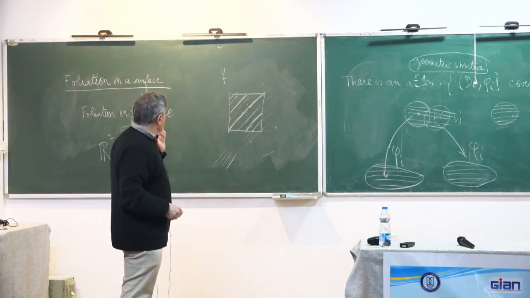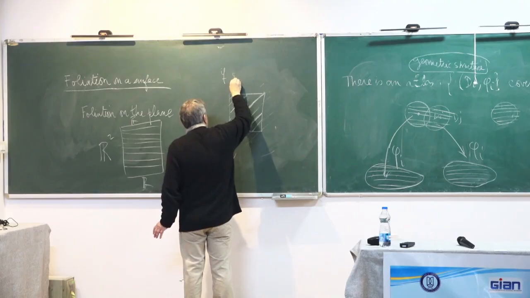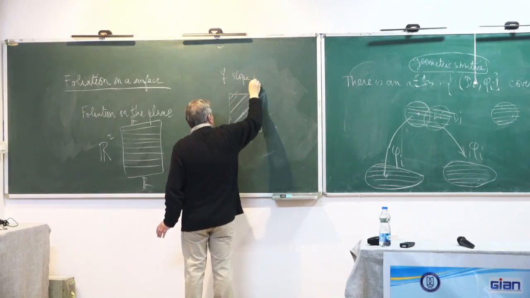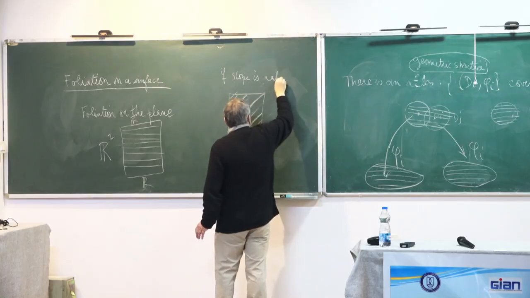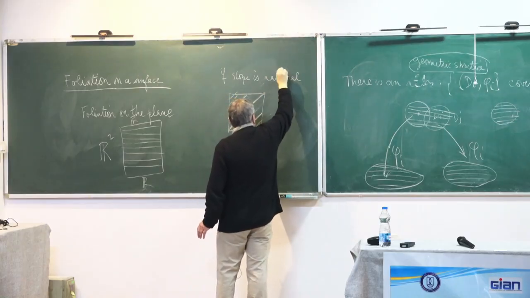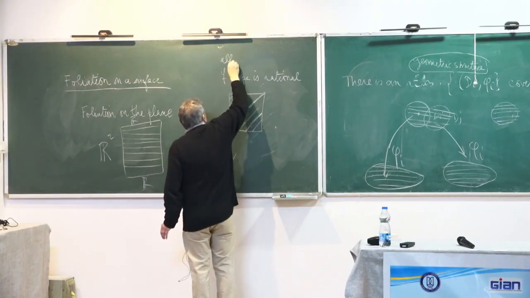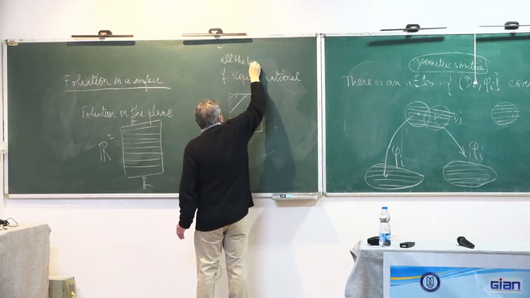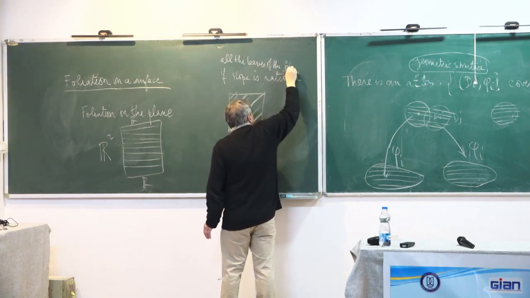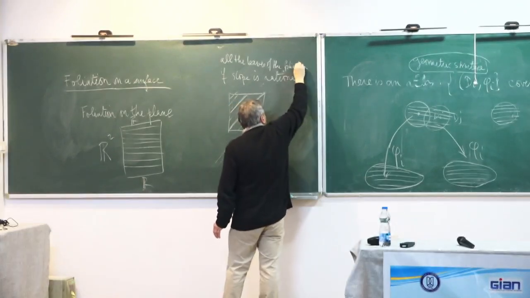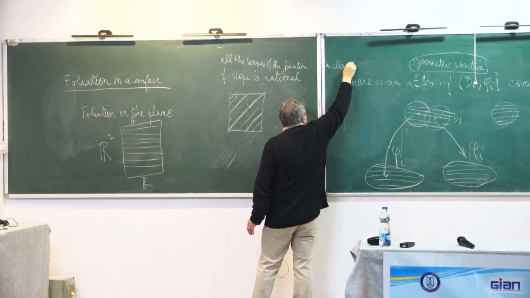So the thing you need to know is that if the slope is rational, all the leaves of the foliation are closed leaves.